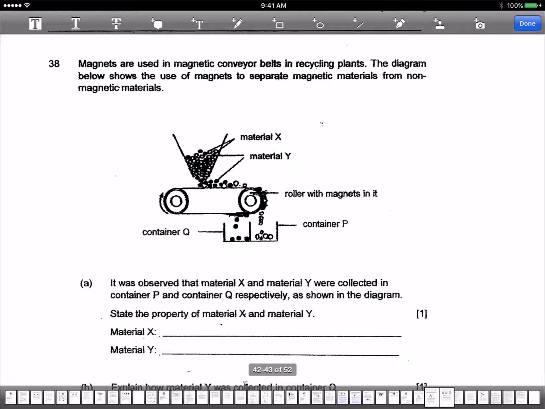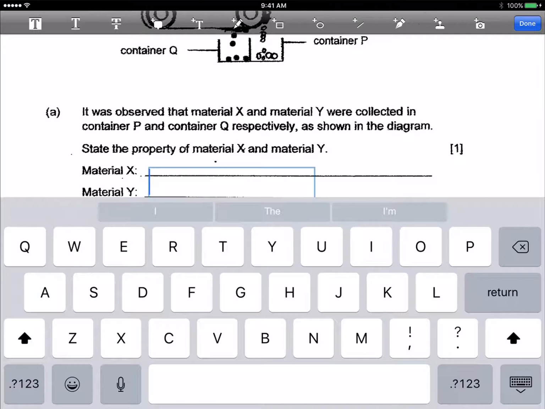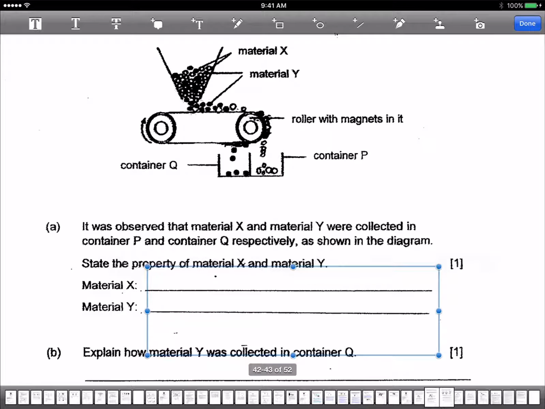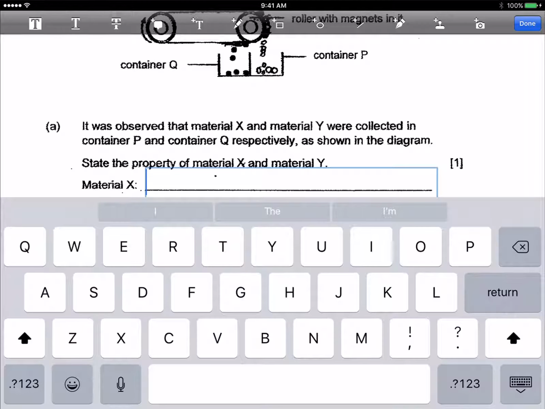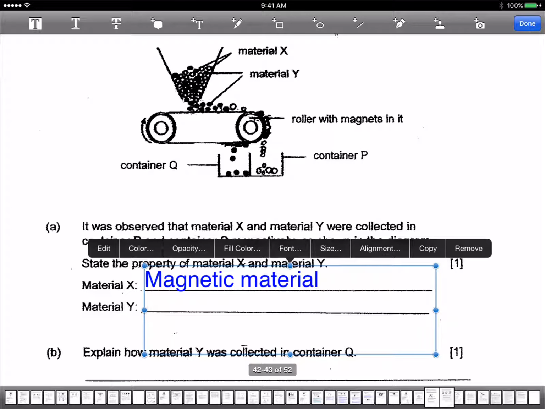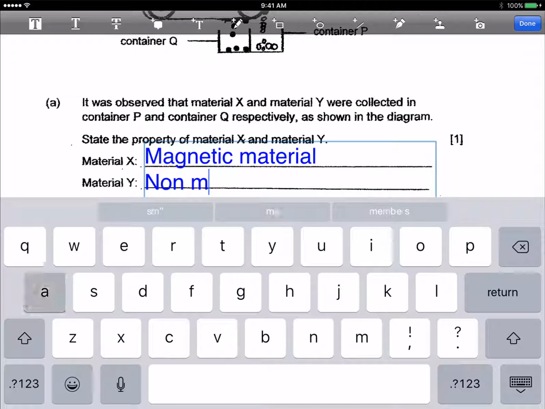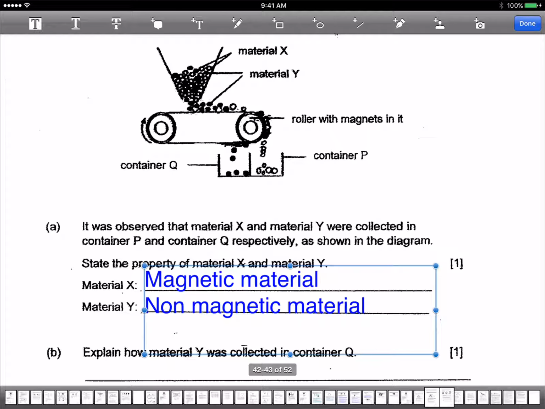So what is the property of X and Y? Perhaps we can just say that one is a magnetic material, the other is a non-magnetic material. So it's magnetic material, then the other one is non-magnetic. Which one is X?